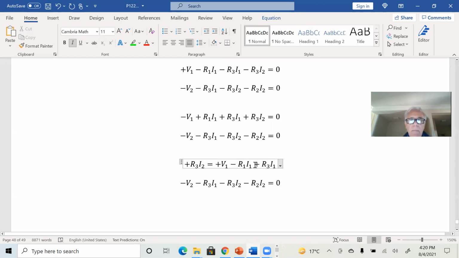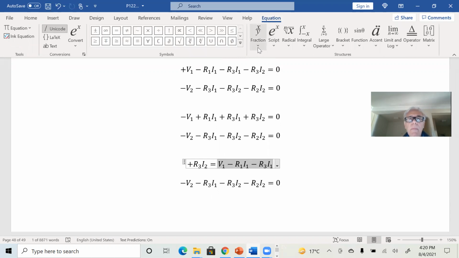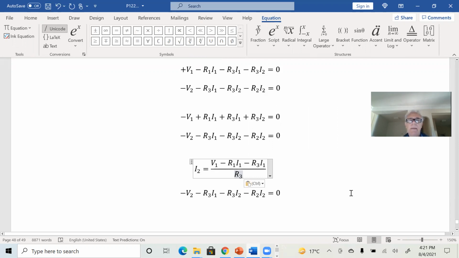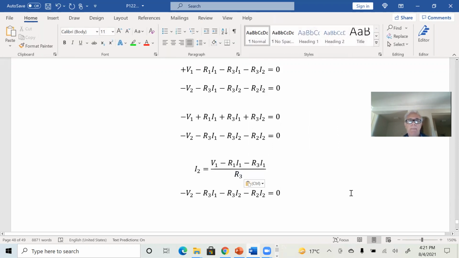There you go. And then we divide by R3, like that.